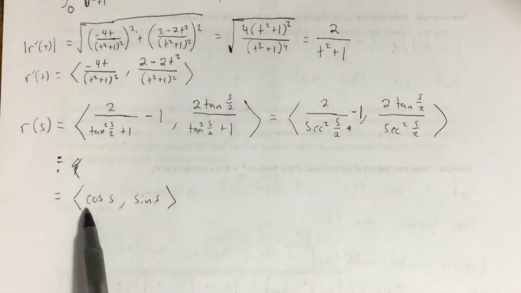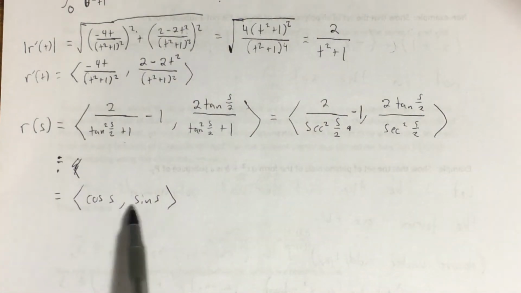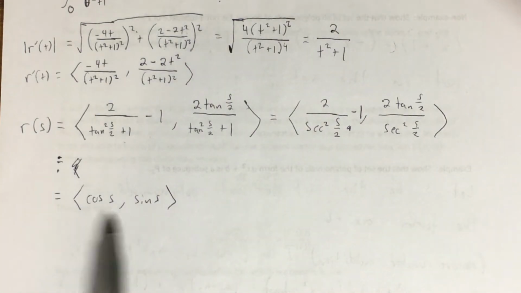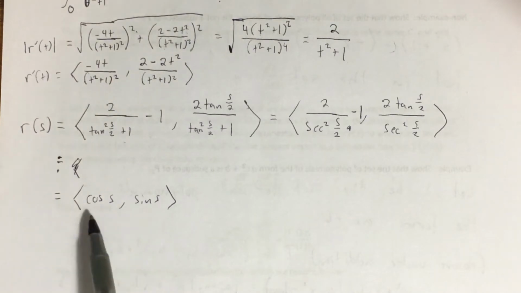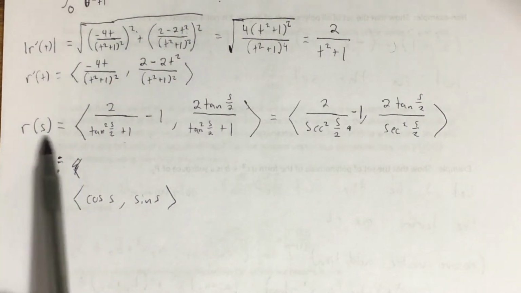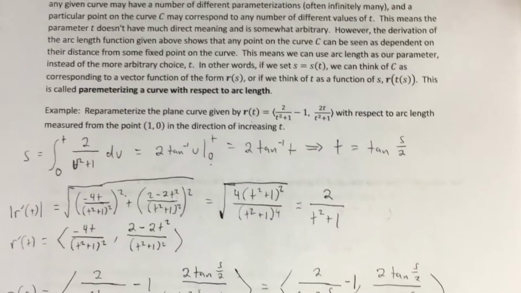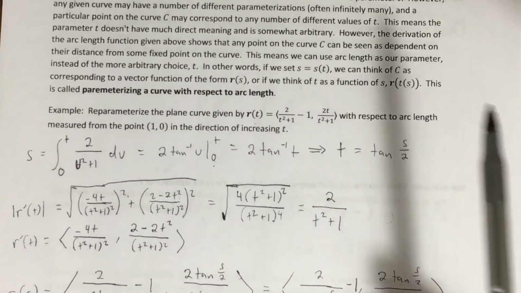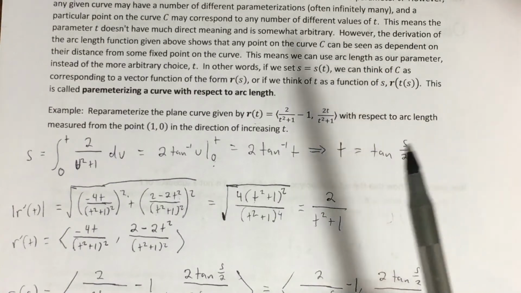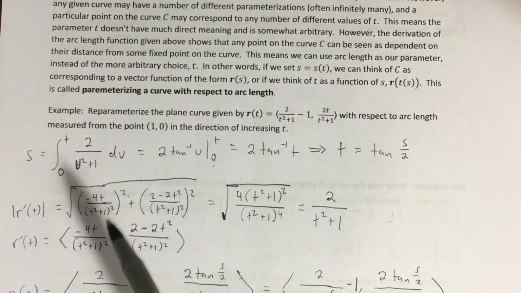But if you can, the benefit of knowing this is that this thing right here is a parametrization for the unit circle. And again, the curve given by this function, r of s, is the exact same curve that we would have gotten from r of t. It's just that we're parametrizing them in different ways.